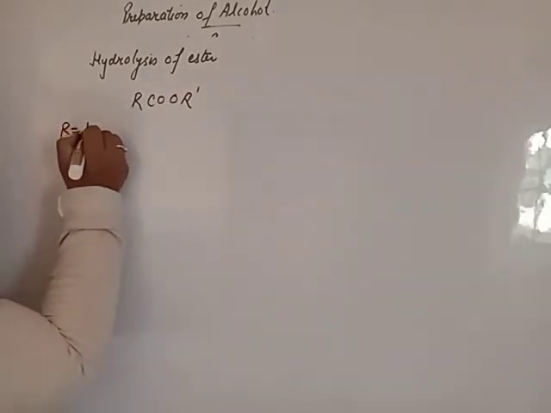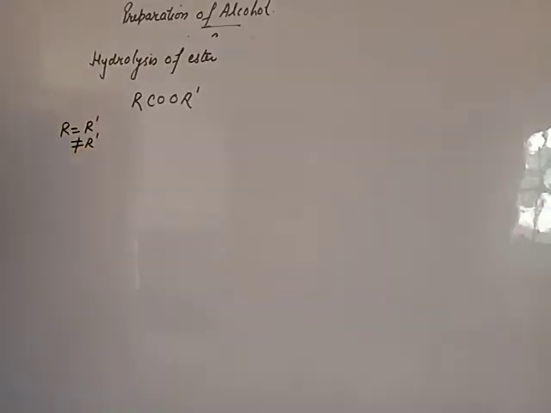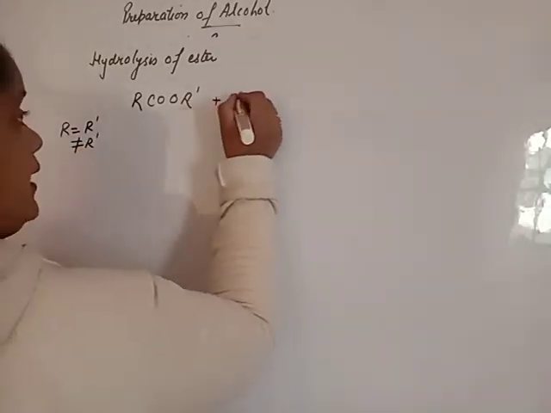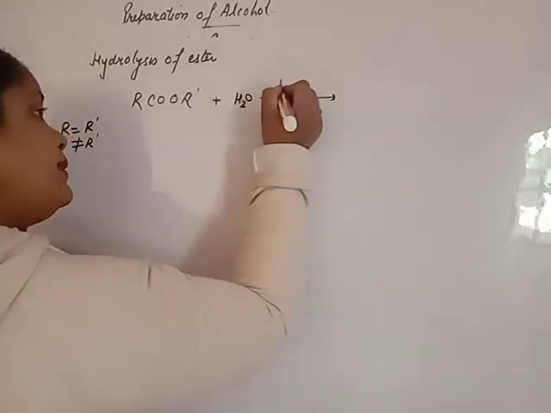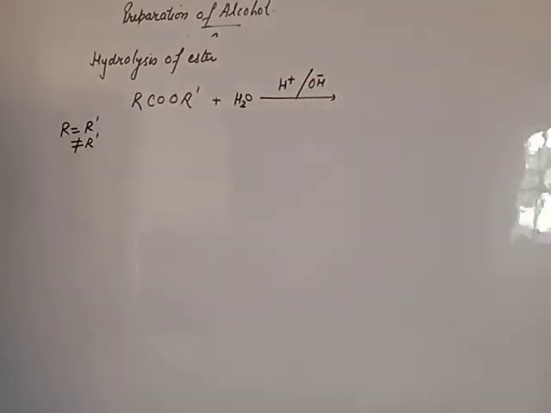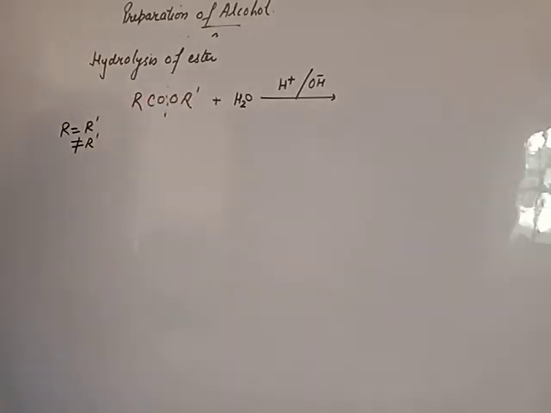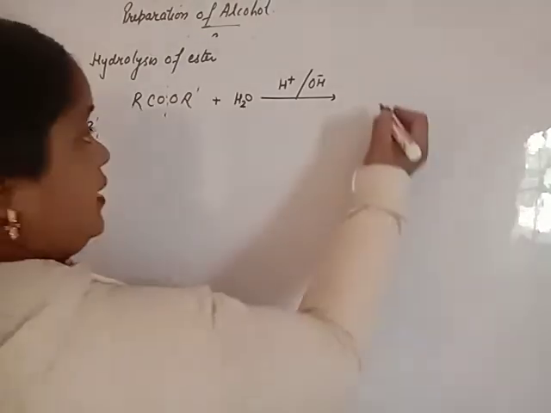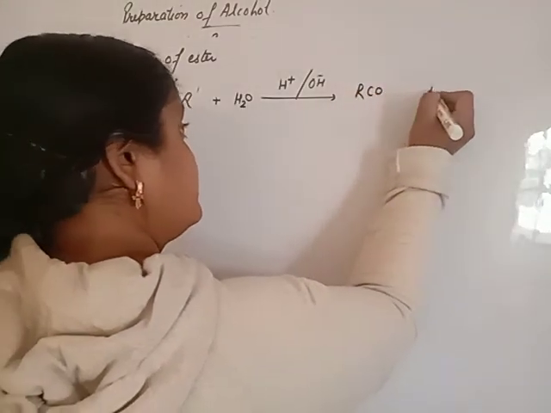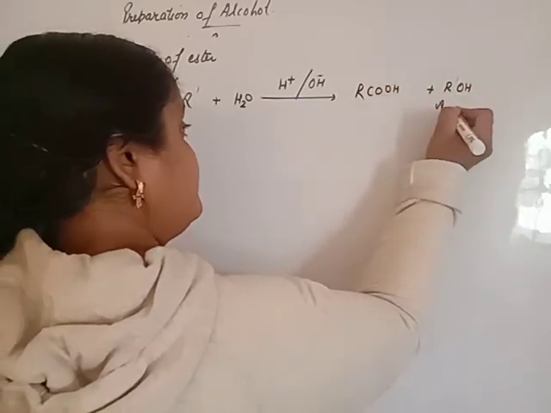The ester is RCOR dash. Both R and R dash may be the same or may not be the same, but the reaction will take place. In hydrolysis, we add water either in the presence of acid or base. The reaction is performed in both acidic and basic medium. Water breaks as H positive and OH negative, and we obtain alcohol with acid.